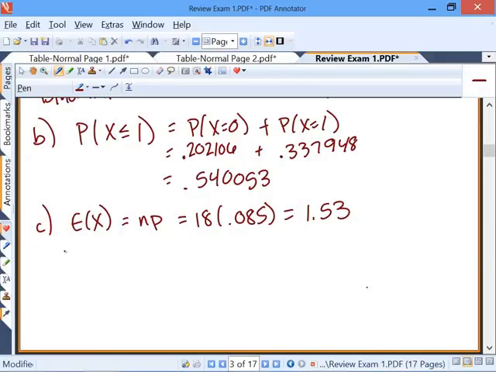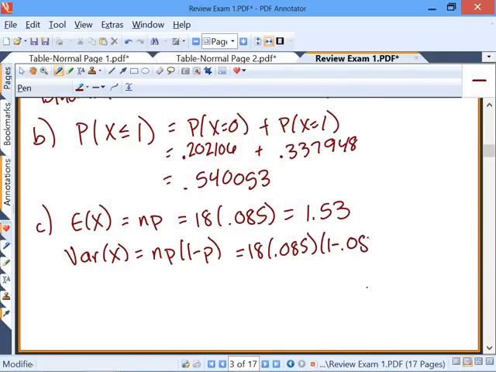The problem doesn't ask you for the variance, but I might on the test ask you for the variance or the standard deviation. The variance is n times p times 1 minus p. So 18 times 0.085 times 1 minus 0.085, which is 1.399.